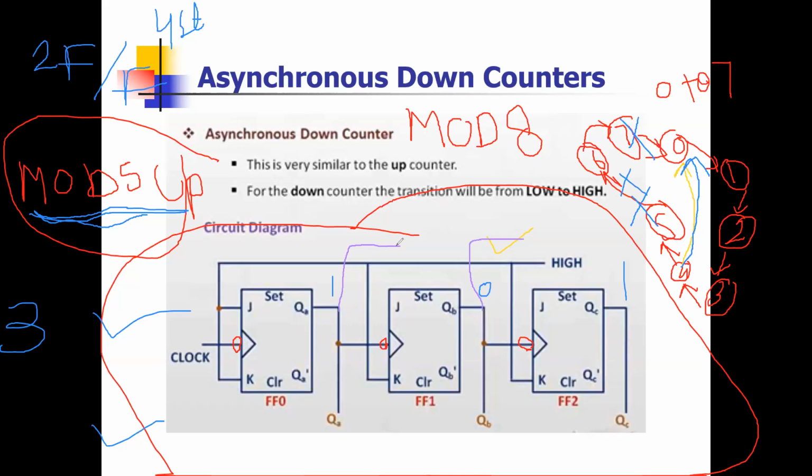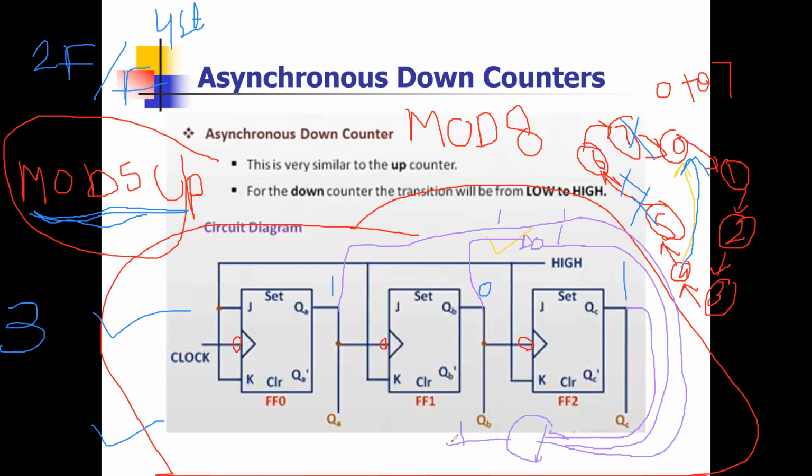This is giving me 1, and this is giving me 0, so I will use a NOT gate, and then it gives me 1 also. Here is also 1, and this is already 1. So this one and this one, all are 1 now. And then I am using an AND gate.